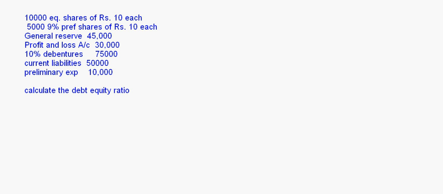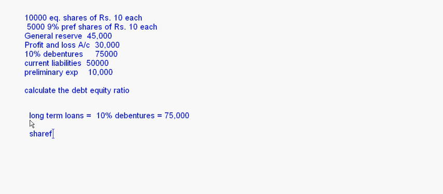Now in this question, the long term loans, first of all, that is your debt, right? So long term loans is equal to your 10% debentures that is given. So this 10% debentures is how much? 75,000, right?